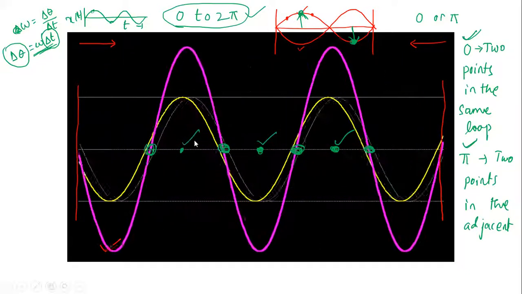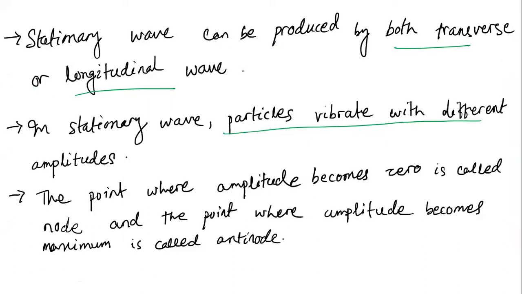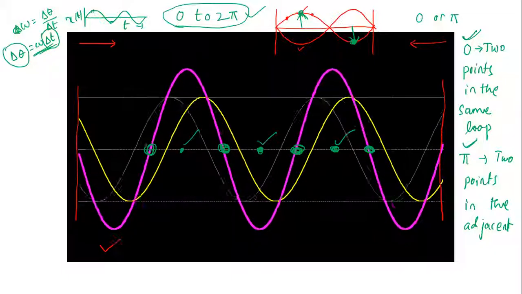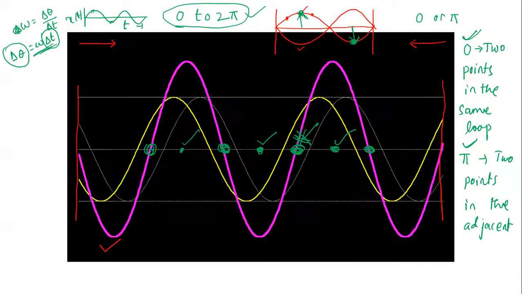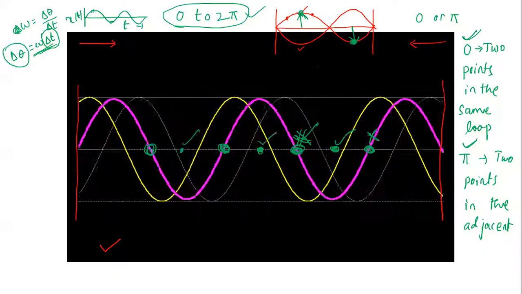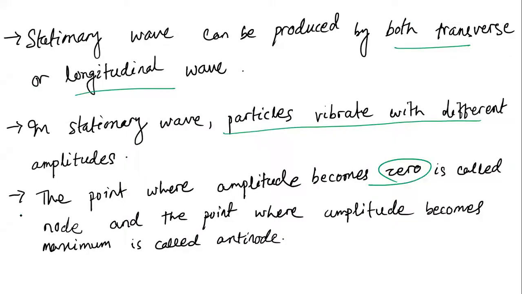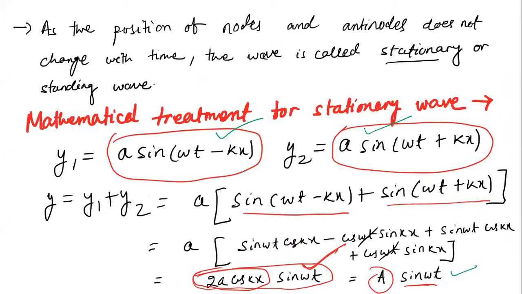The points where amplitude becomes zero, we call nodes, and the points where amplitude becomes maximum, we call antinodes. These are the characteristics.